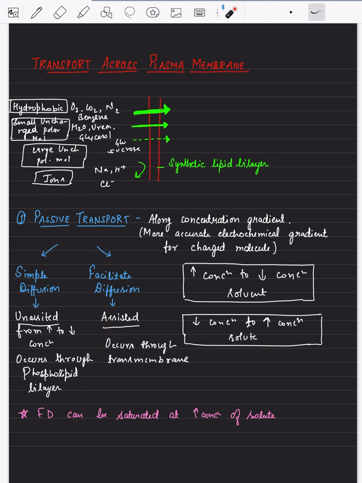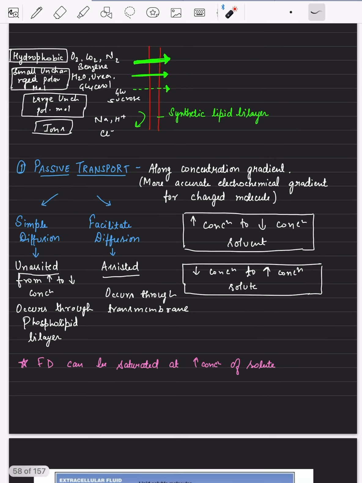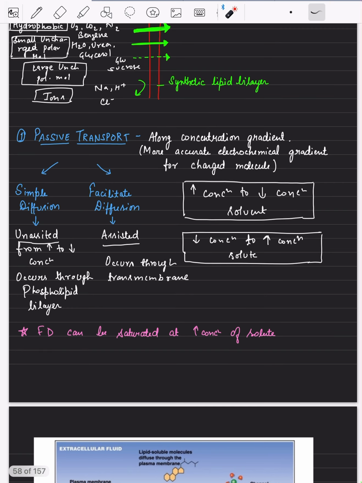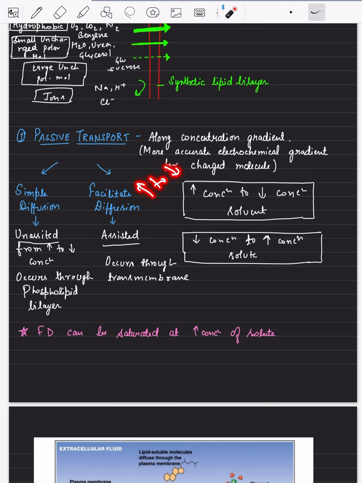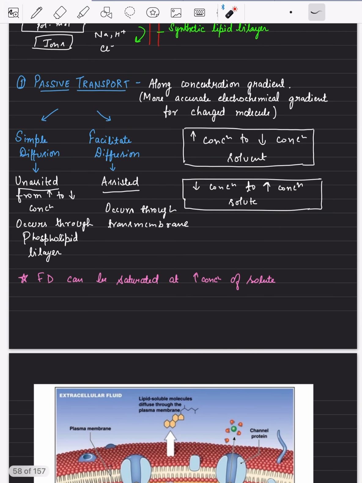So it occurs through the transmembrane proteins. This facilitated diffusion can be saturated at higher concentration of solute. Both of them are movement from higher to lower only, but facilitated is assisted, and simple diffusion is not assisted.